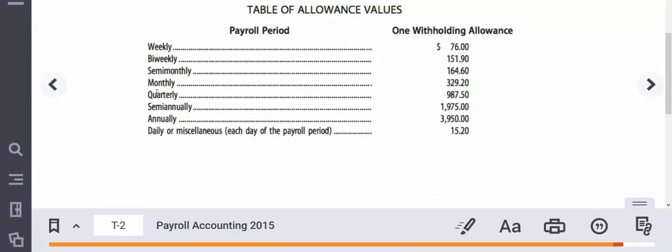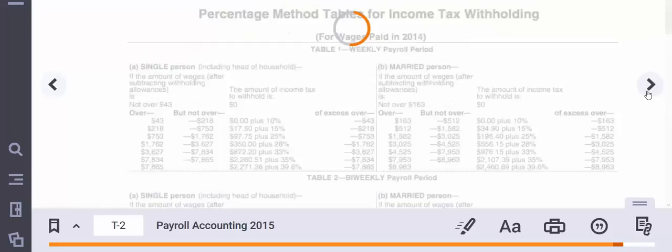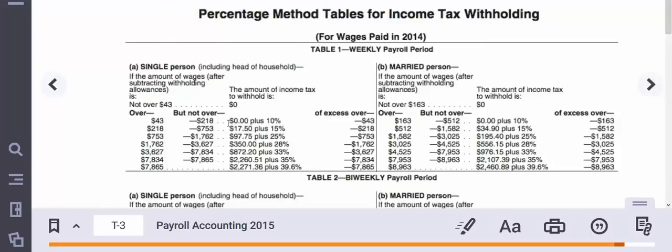So when we go back to the T pages, the actual tables we're going to use to calculate start on page T3, but we needed the information on T2. Column A, the column on the left of these first couple of pages, is for single individuals.